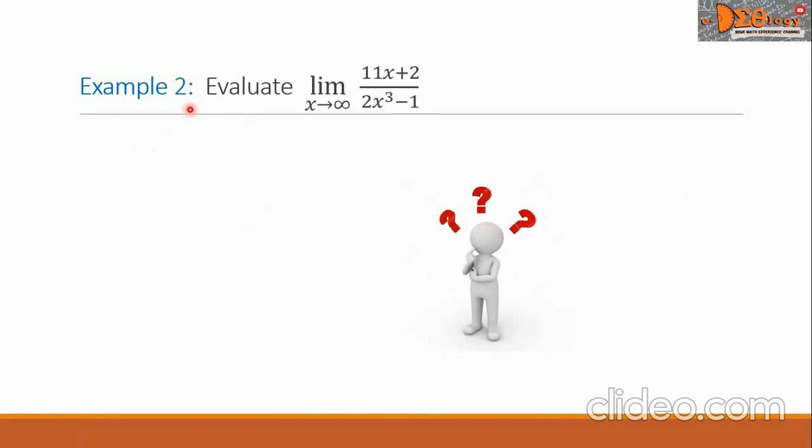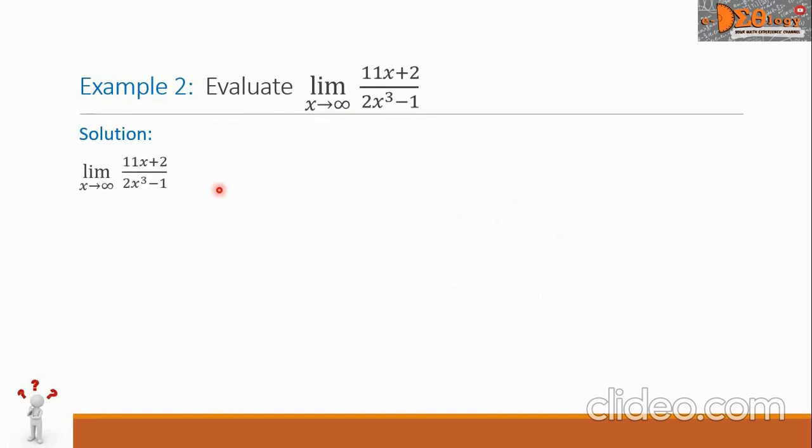Let us have example 2. Evaluate the limit of 11x plus 2 all over 2x cubed minus 1 as x approaches infinity.